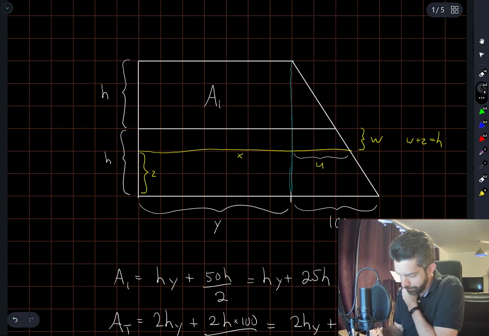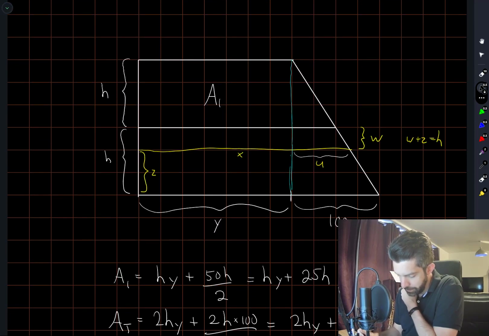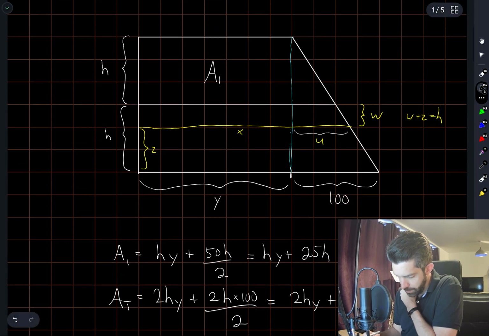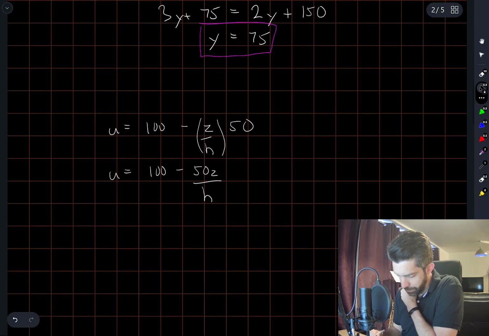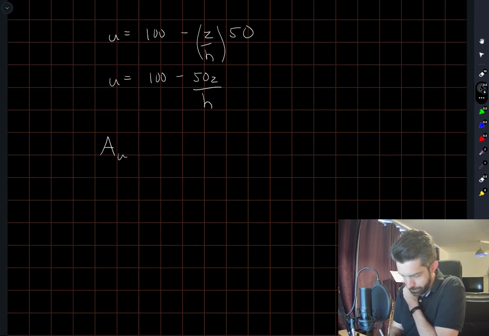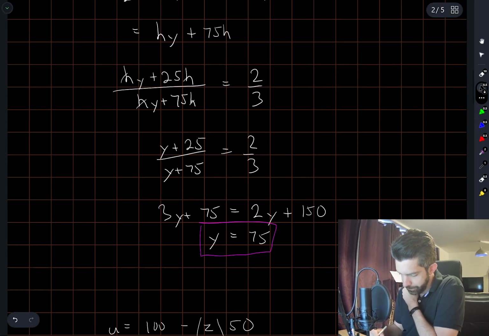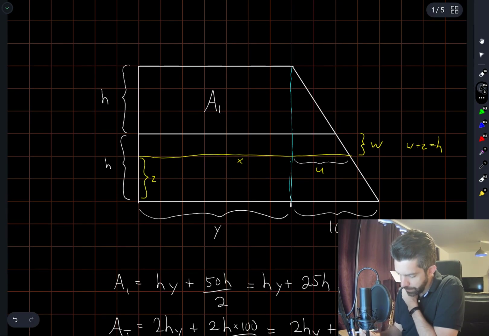Great. Now the area above the yellow line is y times h plus w, plus the area of that triangle.